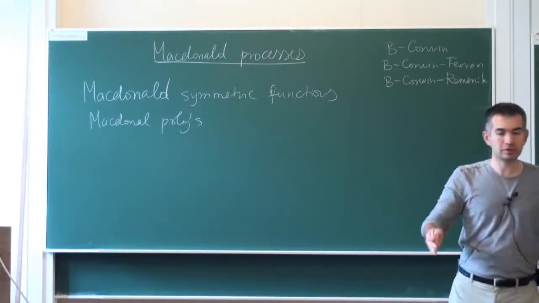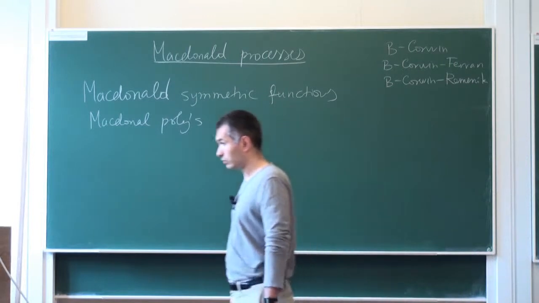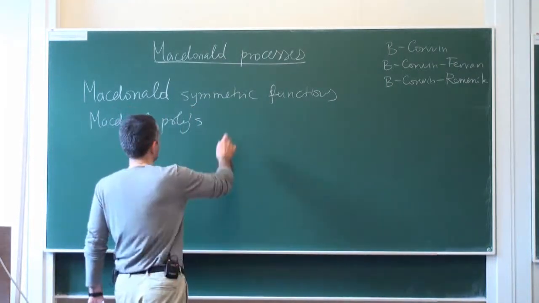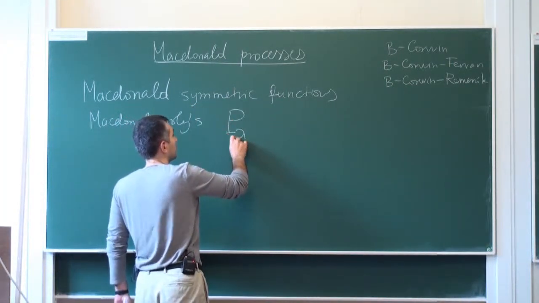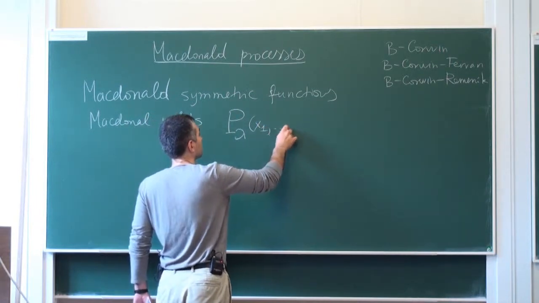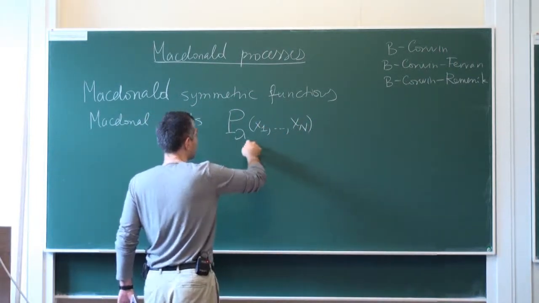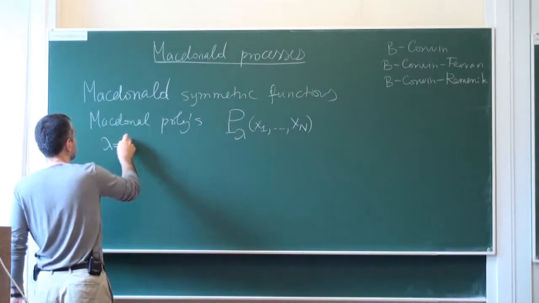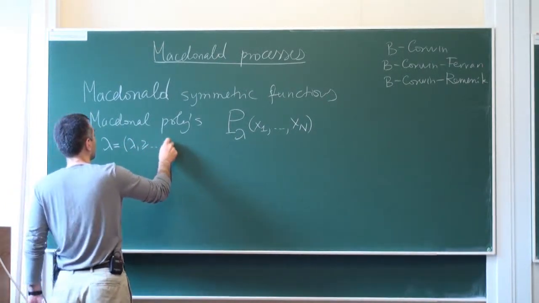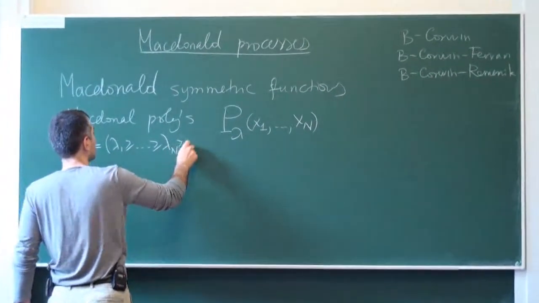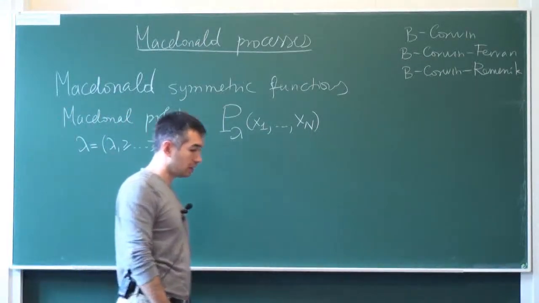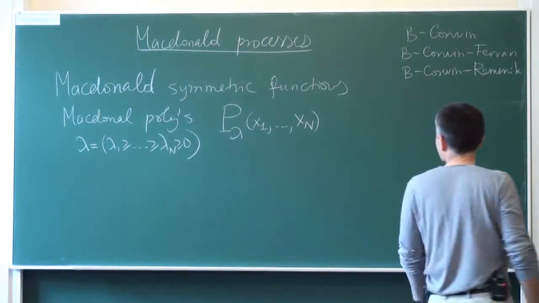When the last variable is set to 0, then we go to fewer variables. So Macdonald polynomials, P_lambda of x1 through xn. If I only use n variables, then lambda is a partition with at most n rows, or better to say just an n-tuple of non-negative integers.